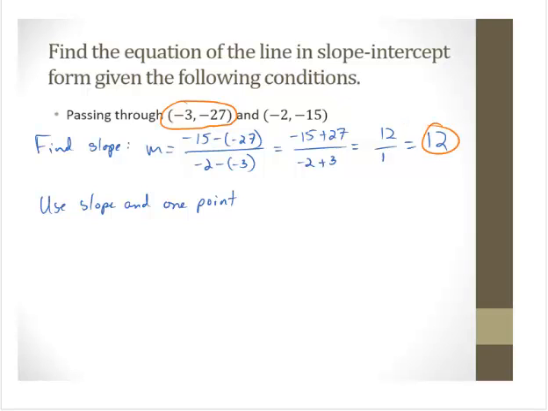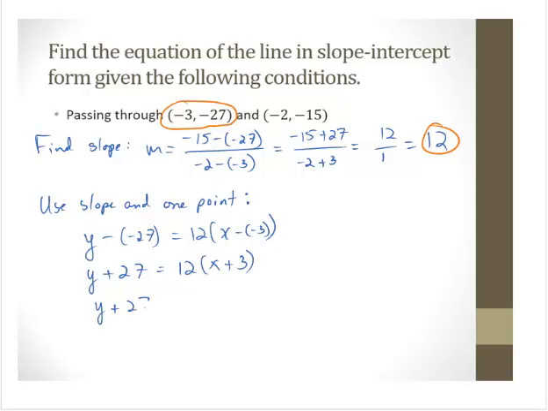I'm going to use the first option that I presented earlier, the point-slope form. So I would write y minus negative 27 is 12 by x minus negative 3. So y plus 27 is 12 by x plus 3. Y plus 27 is 12x plus 36.